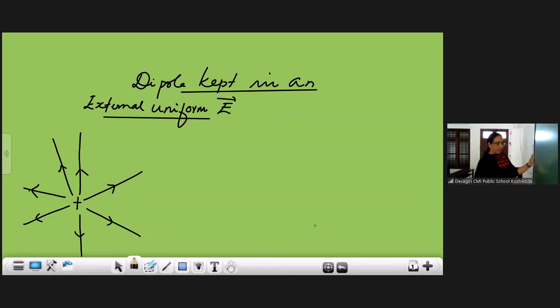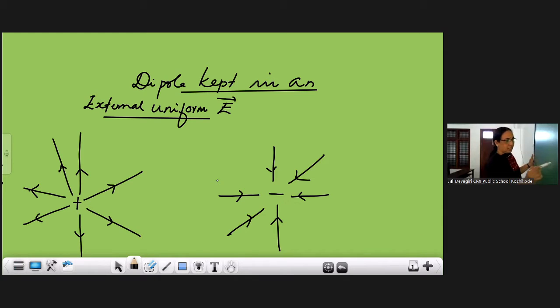Now, if you keep them together, we learn that suppose you are bringing one closer to the other one, there will be changes in the electric field lines. You learned that this is positive and this is negative. We found that electric fields are in this pattern.